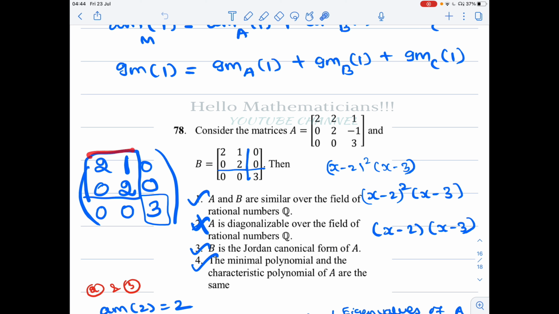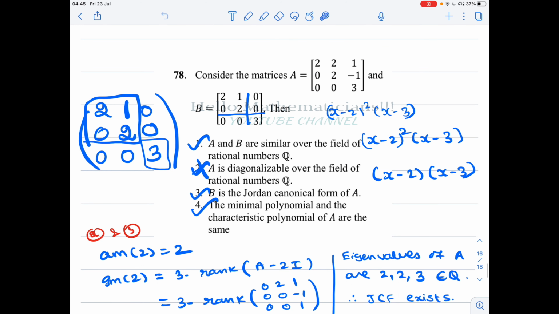Therefore this is a 2-block, and 3 is a simple eigenvalue. It has multiplicity 1 only, so that has to stay as a single 1-block. So basically this is the Jordan canonical form of this matrix. Therefore, option 3 is true: B is the Jordan canonical form of A.